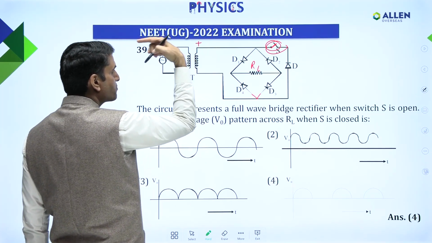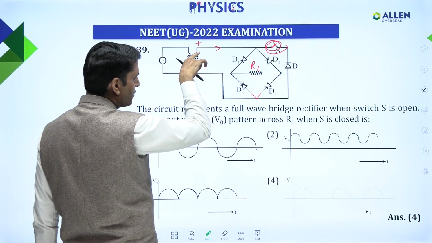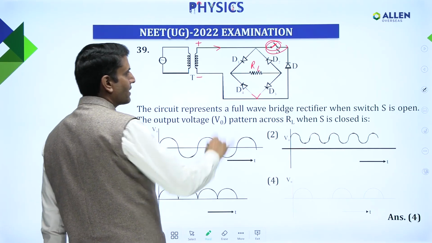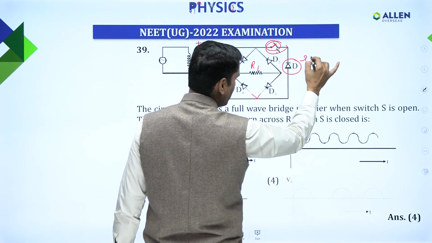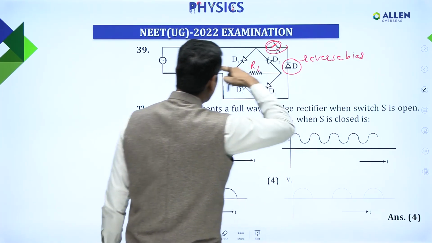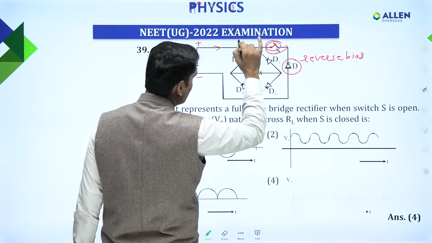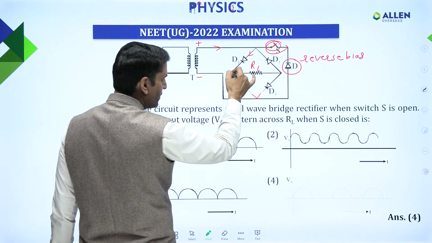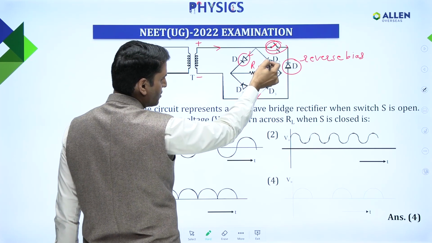initially this is the positive end and this is the negative end, so current would try to come out from this end. Here we can see that this diode would be in reverse bias for this orientation, so current would not pass from this end, but would take this path because it would be forward bias. This one is reverse bias, and this one is also reverse bias.